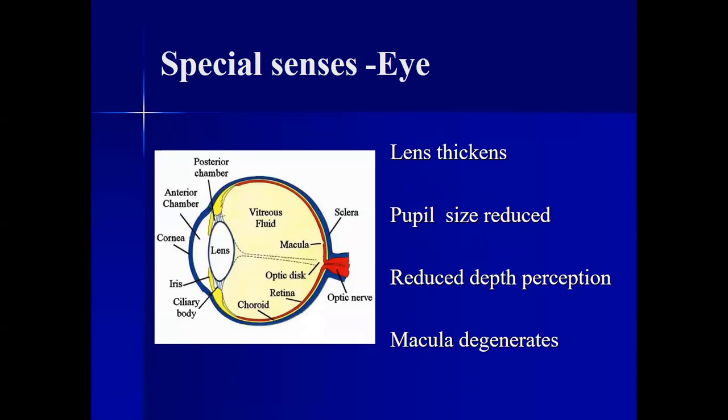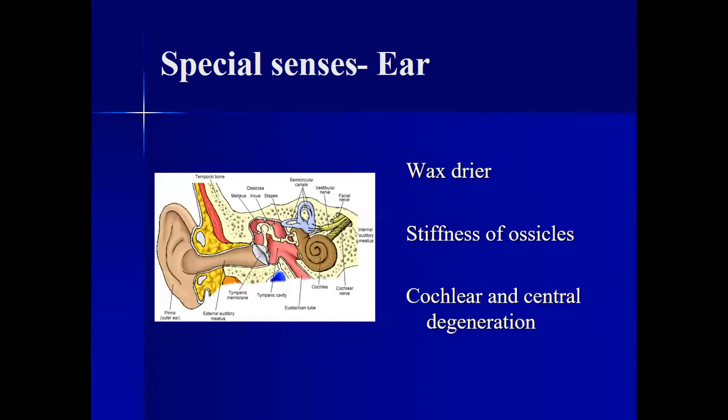So you can expect older people to have some difficulty in visualizing things. You need to keep this in mind while prescribing. If the patient is geriatric, then you probably need to use big, clear fonts so that he can understand what you're prescribing. So this is one thing.